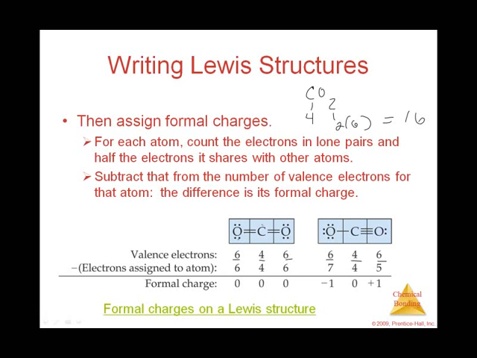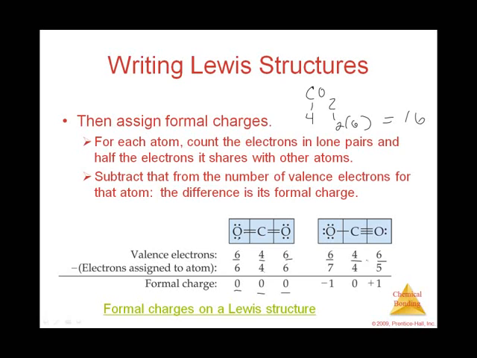Carbon, I have no lone electrons, but I have 1, 2, 3, 4, 1 each from these 4 bonds, that's 4. The oxygen, I have 2, 4, 5, 6. So if I look at the difference between the valence electrons for the atom by itself, and I subtract from that the electrons assigned in this structure, I get formal charges of 0, 0, 0.